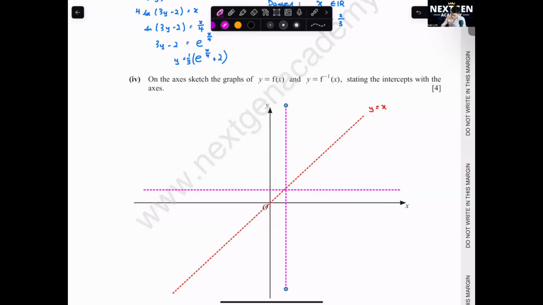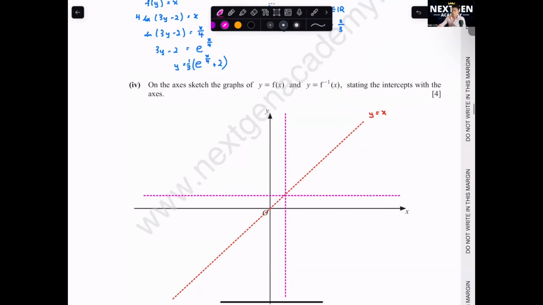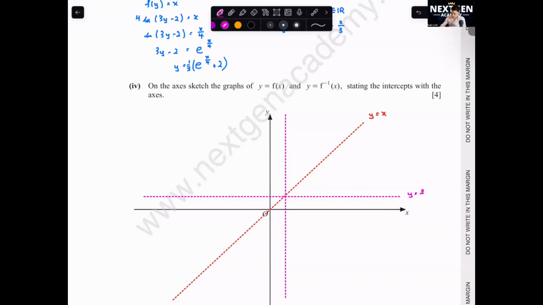If you decide to draw the asymptote, you need to draw it correctly also. It needs to intersect nicely on the y equals x line. The asymptotes are your domain and your range, so this is y equals 2 over 3, x equals 2 over 3. They never ask you to write it out, but you can draw it out to draw a more accurate graph. How do we draw the f(x) graph?